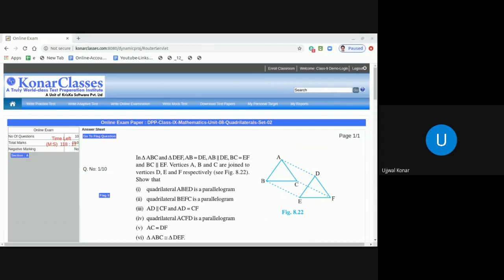Look at the way I proved all these properties. Make yourself comfortable. Then appear for the daily practice problem of set 2 of quadrilateral. Submit your answer by uploading the scanned copy. And then in the next mathematics class, we'll be discussing the midpoint theorem.